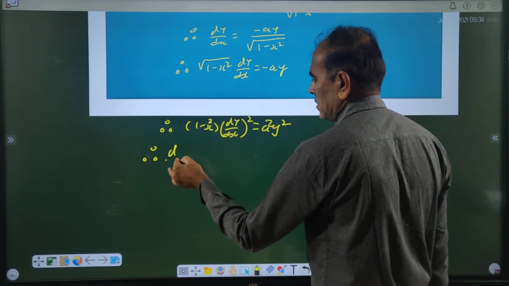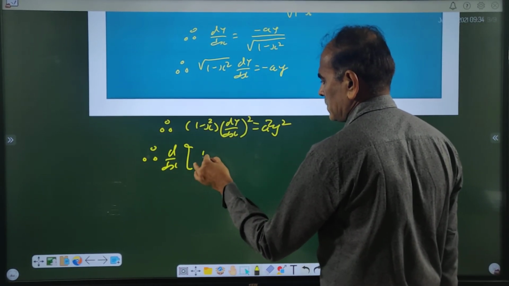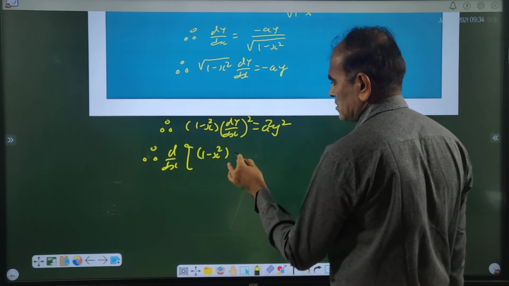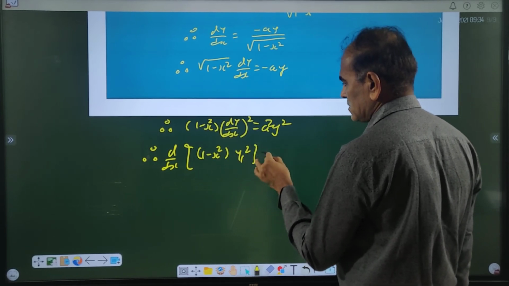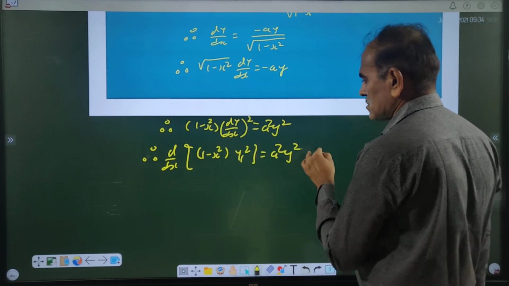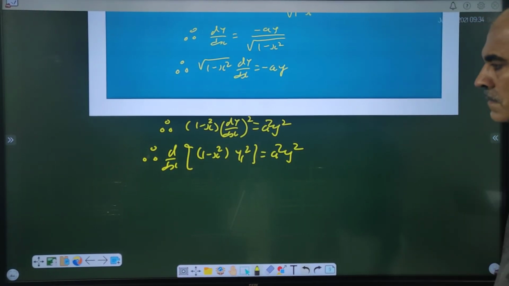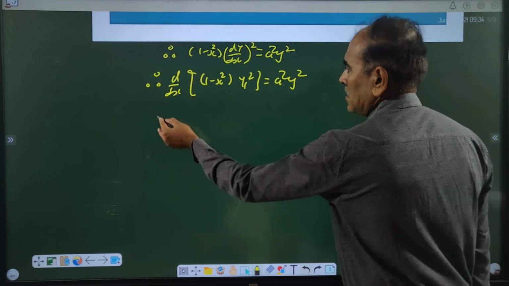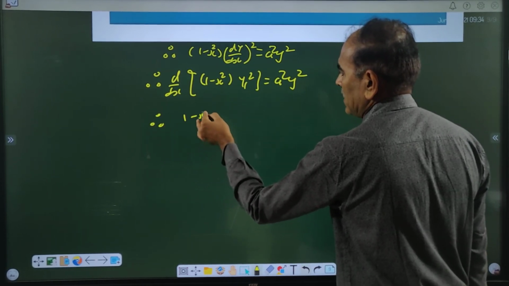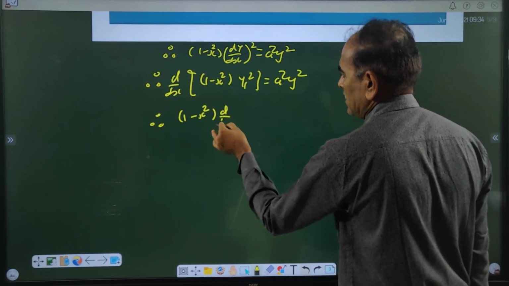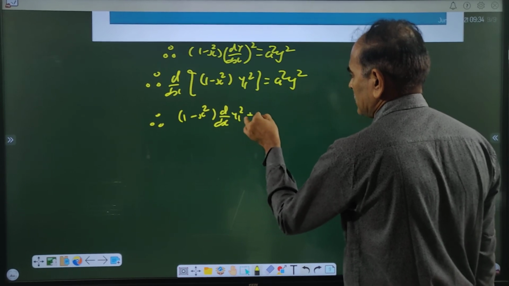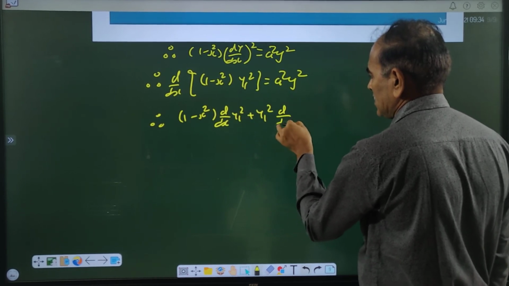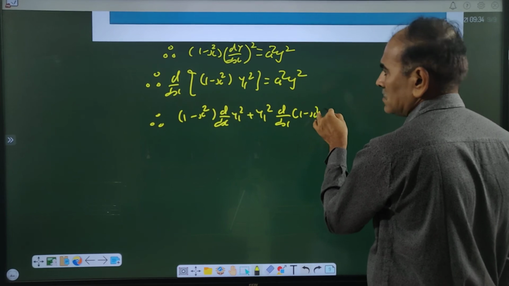And therefore d by dx of (1 minus x square) into (dy by dx) square. Can I write here 1 square? Yes. a square by the square. So, can I write here 1 minus x square as it is, d by dx of the second function, as it is, d by dx of the first function.